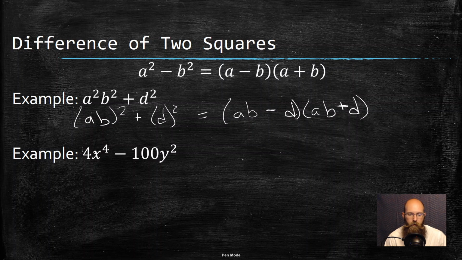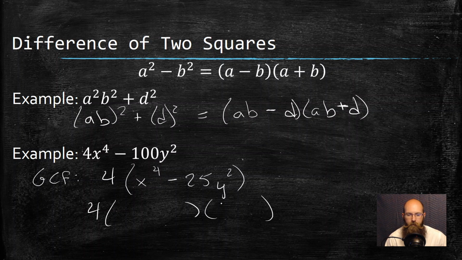And this one has a GCF, or a greatest common factor. I can pull out a 4 from both of these things. So that's now x to the 4th minus 25. All right, awesome. So I'm going to leave that 4 out in front, and then I'm going to factor that set of parentheses. X squared and x squared will get me x to the 4th.